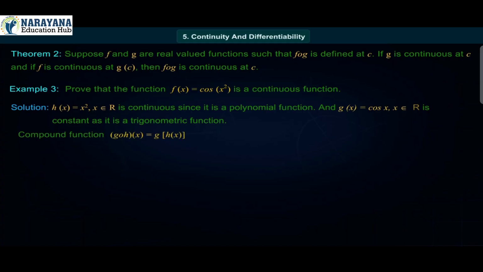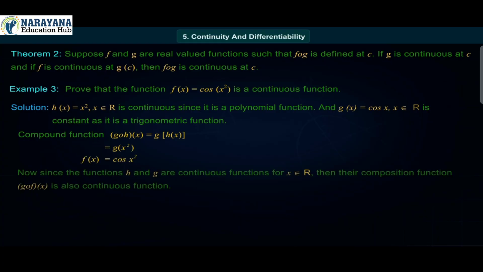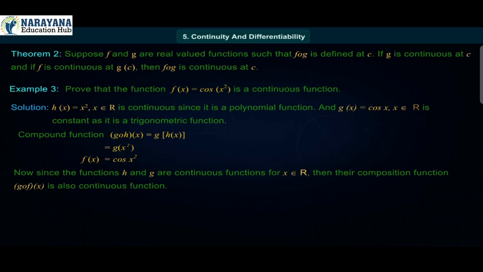Compound function g∘h(x) = g(h(x)) = g(x²) = cos x² = f(x). Now, since the functions h and g are continuous for x belongs to R, their composition function g∘h(x) is also continuous. Therefore, f(x) = cos x² is a continuous function.